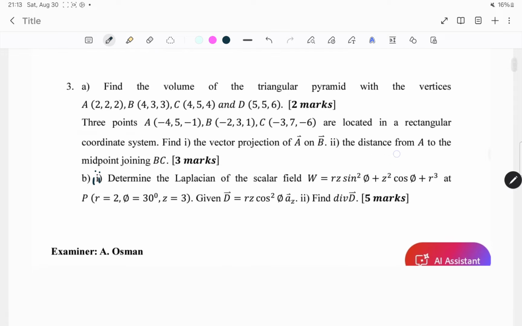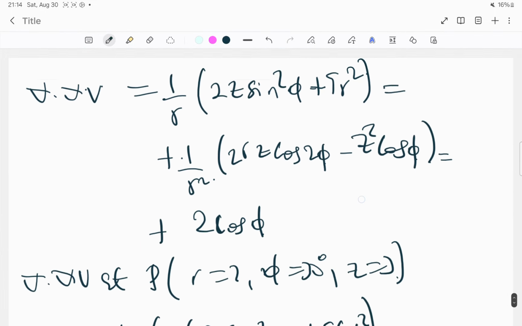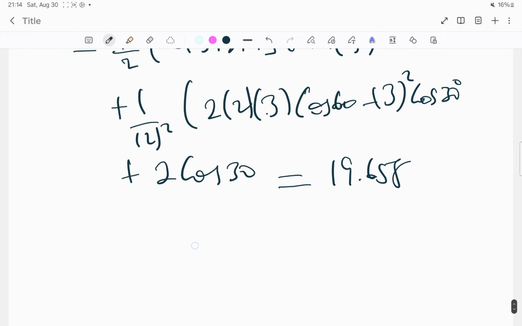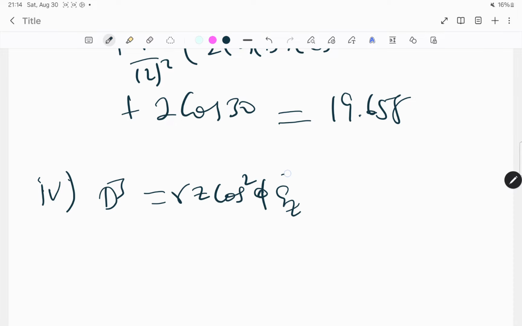So you can see this one is given in, again, we are dealing with what, cylindrical coordinates, right? Because we are given z, we are given phi. This is r z cos square phi along the z axis.